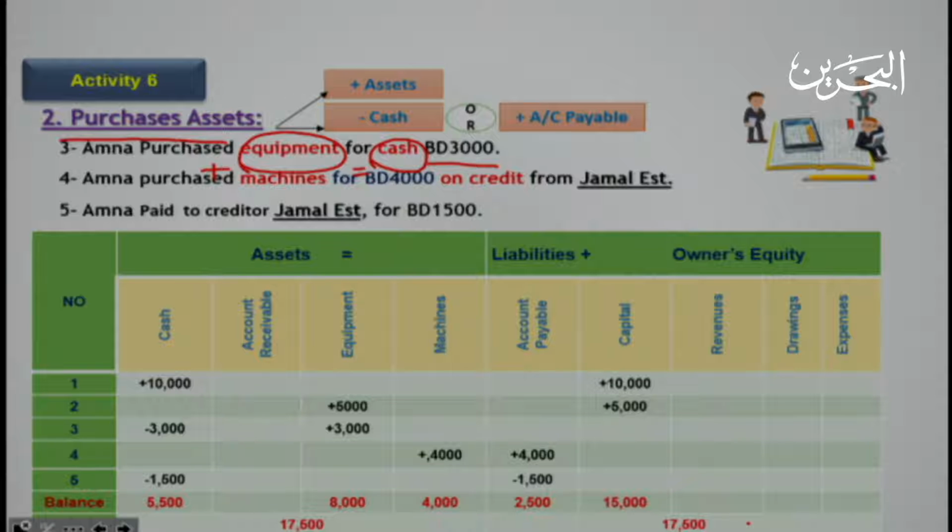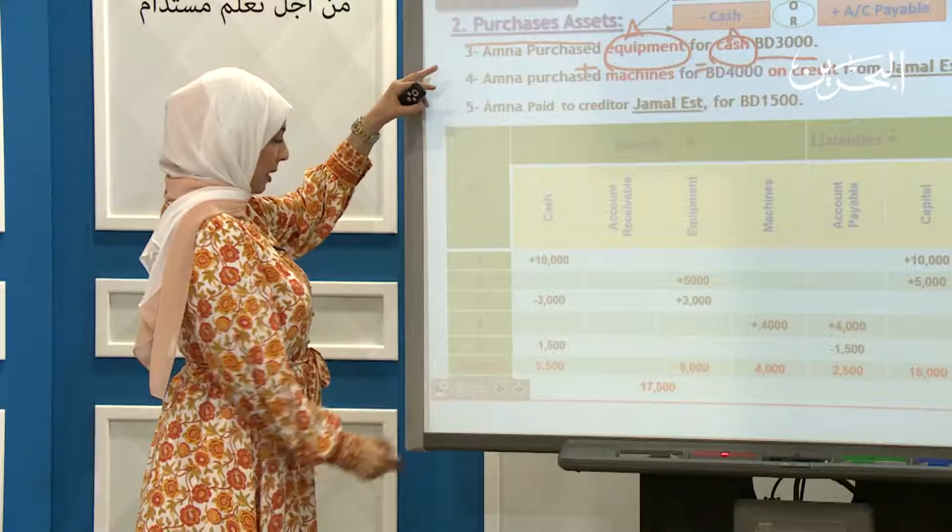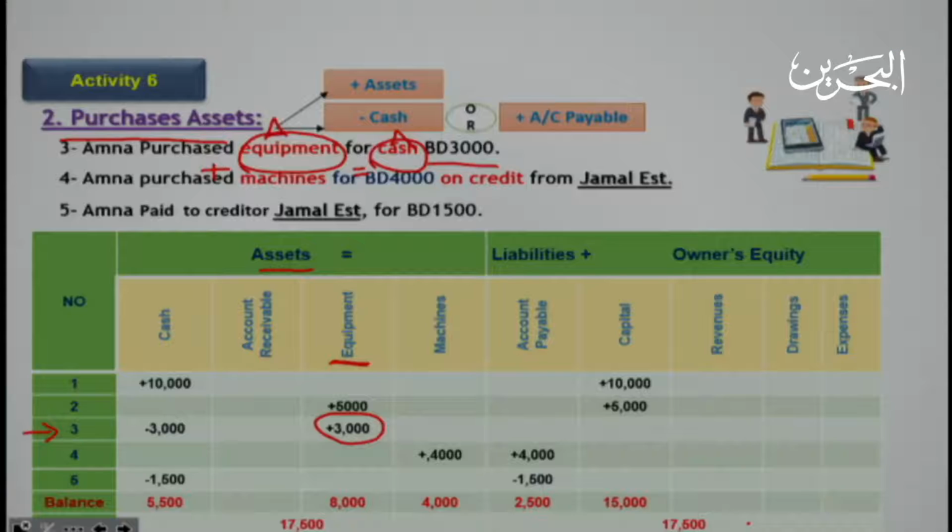The effect on this transaction: the equipment is an asset and the cash also is an asset. So the equipment will increase. So let us see it on our schedule. Moving to transaction 3. Now let us see the effect on the equipment in our schedule.